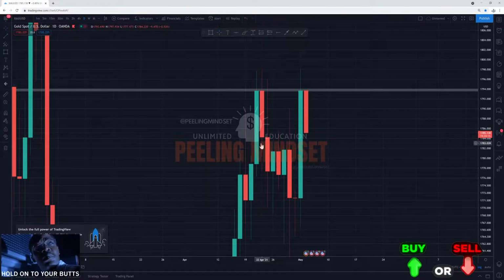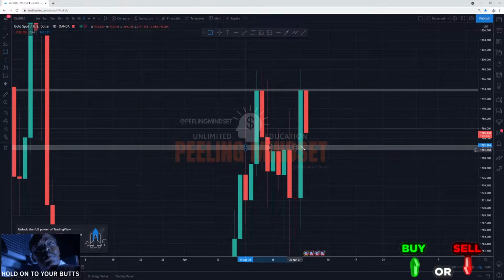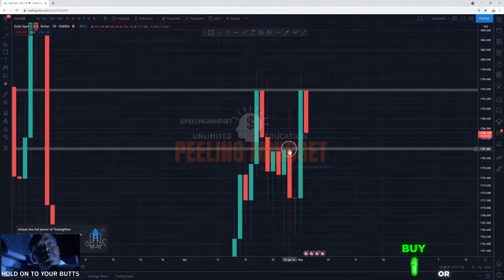Oh, where is the box? Right here. So we have broken about the range, the top of yesterday's range. Obviously price is coming down. This could be a possible retest or a rejection from the upside. So we just have to wait and see.